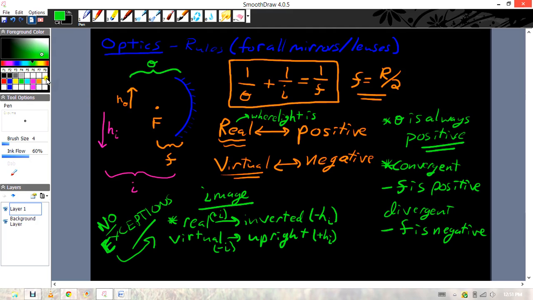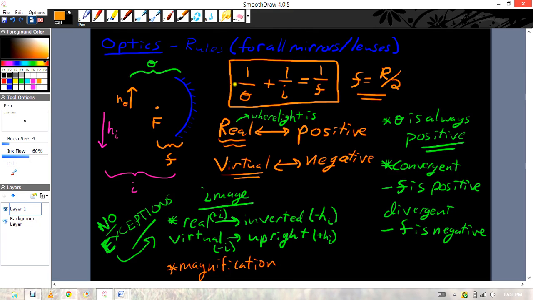Last but not least, I'll give you the final equation, which is the magnification. Which, of course, if your image is larger or smaller, so now we're taking into account the heights. So is it the same height? Do you appear larger or smaller? Clearly in a plane mirror, a flat mirror, you're going to appear the same height.